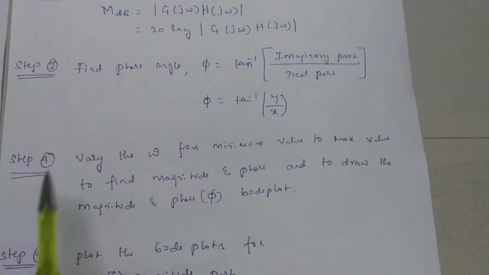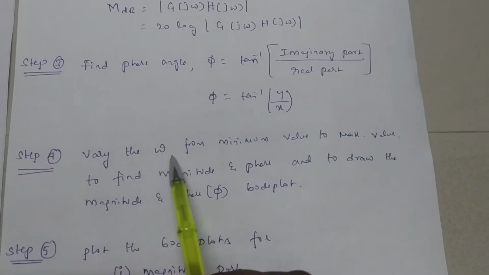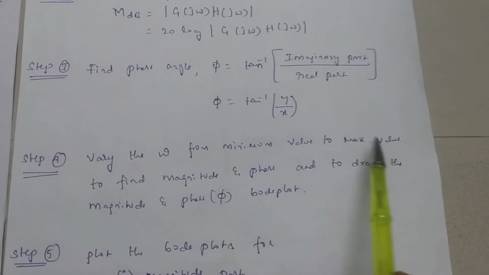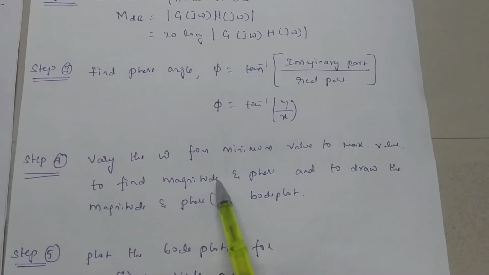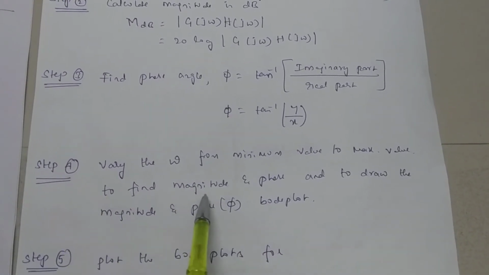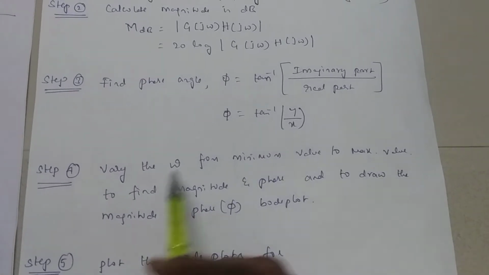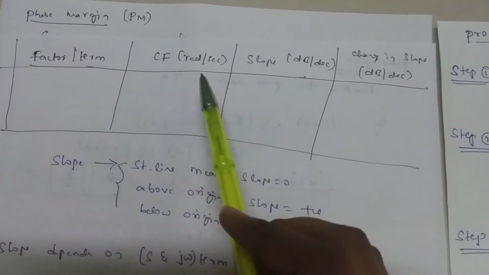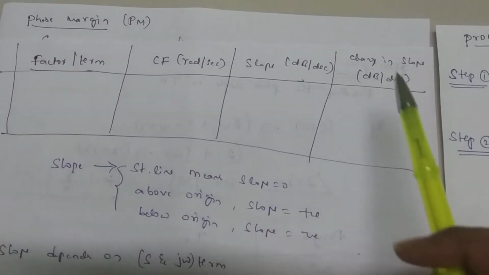Similarly, step 4: vary the frequency value from the minimum value to the maximum value to find the magnitude. In step 4, we need to find the magnitude value. I already told you about the columns: factor, corner frequency, slope and change in slope.